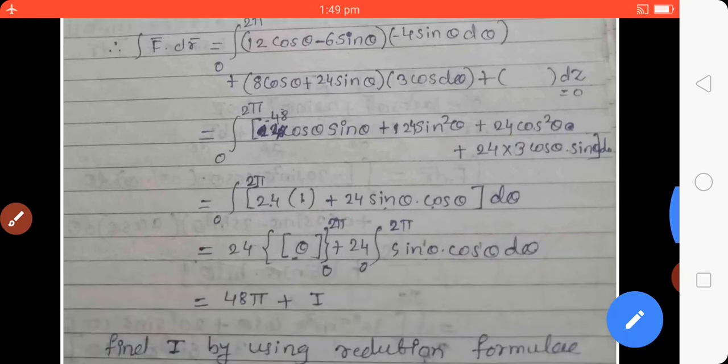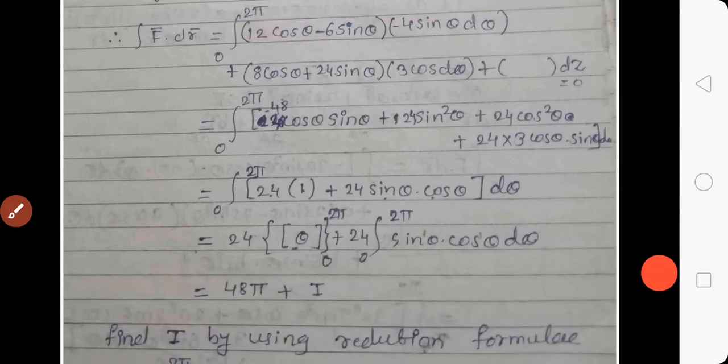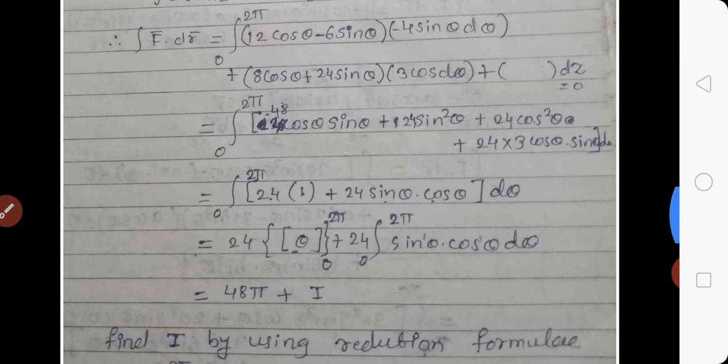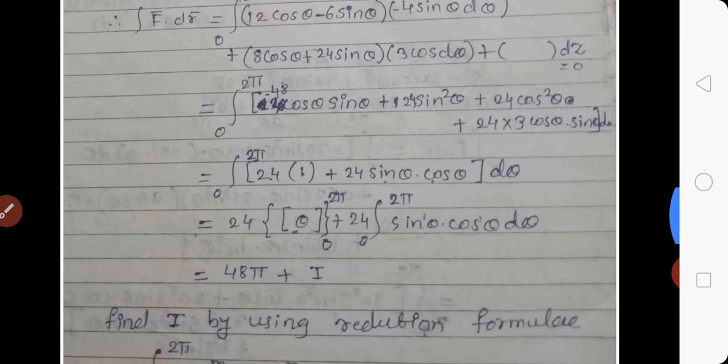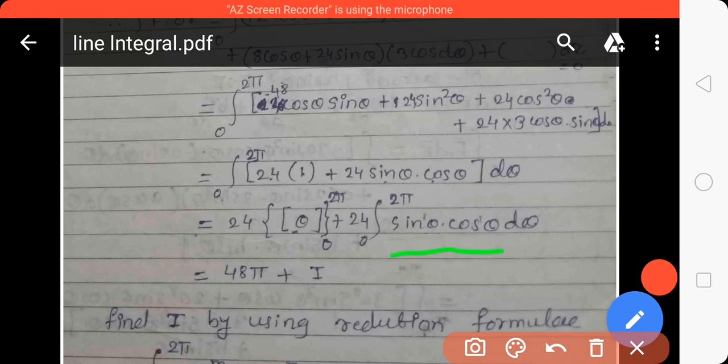Now we can calculate the value. 24 into the integration with respect to theta is theta, and put limits from 0 to 2 pi, plus 24 into the integral from 0 to 2 pi of sin theta cos theta d theta. Now we can calculate the value of this integral of sin theta cos theta. For this we multiply and divide by 2, then we get sin 2 theta and 24 divided by 2.